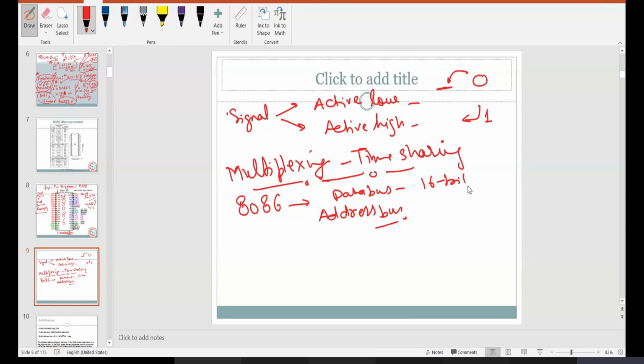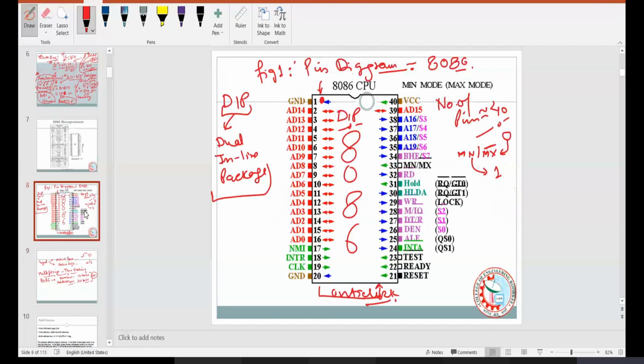The data bus is of 16 bits and the address bus is of 20 bits. Together, 20 plus 16, only the buses need 36 pins. After that we have so many signals. You can see on the right side from pin number 40 to pin number 21, we have around 20 signals that will run, some as control signals, some as various other signals.